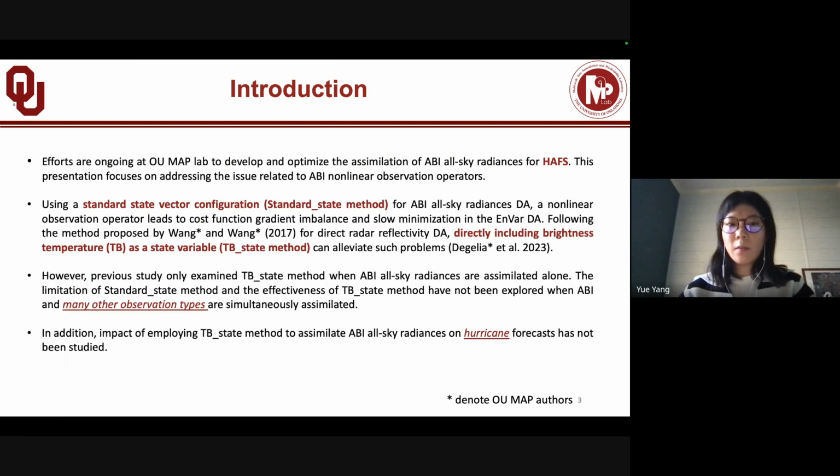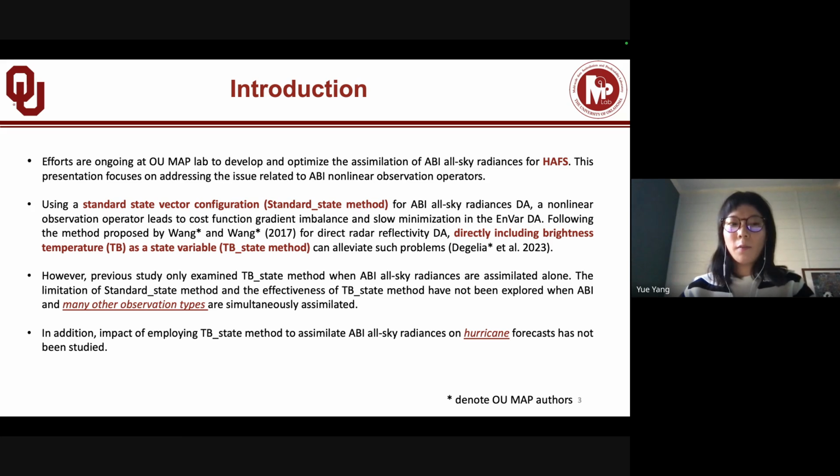This presentation will focus on addressing the issue related to the ABI nonlinear observation operator in HAFS. Using a standard state vector configuration for ABI all-sky radiances DA, a nonlinear observation operator leads to cost function gradient imbalance and slow minimization in the variational DA.